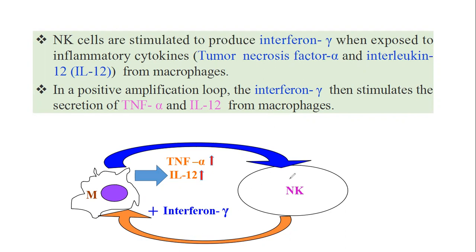They are stimulated to produce interferon gamma. In the positive amplification loop, interferon gamma then stimulates the secretion of these two inflammatory cytokines, TNF alpha and IL-12.